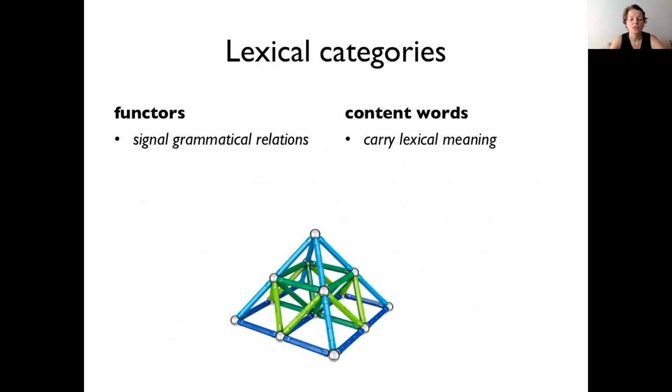The key function of functors is to signal grammatical relations, and the function of content words is to carry lexical meaning. You can think of this as some sort of Geomag puzzle or construction, where functors would be the little metallic balls that keep the structure together, and the colorful bars are the content words that bring substance to the whole thing.